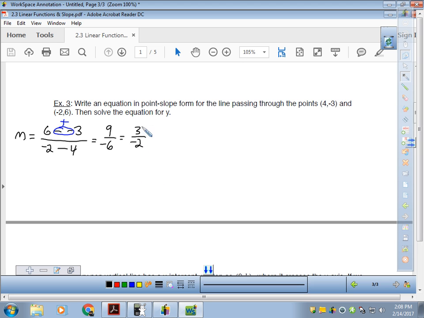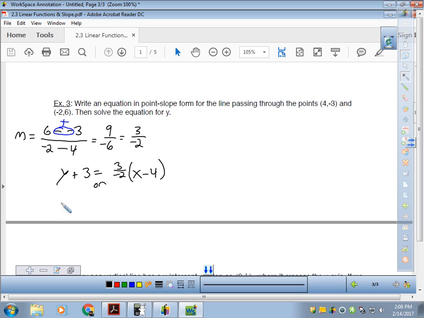Now that we have a slope and we have points, we can actually write our equation in point slope form. Now, you can use either point to do this. So you can either write y plus 3 equals 3 over negative 2 times x minus 4, if you're using this point.